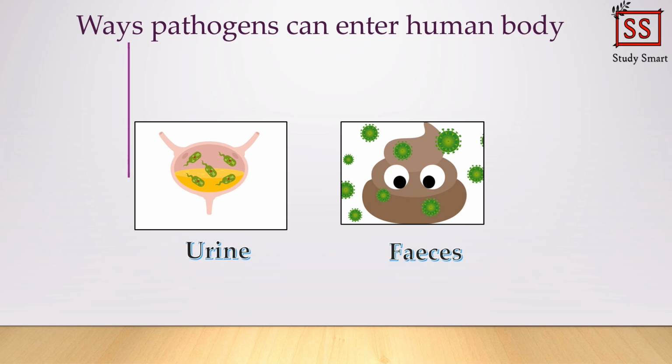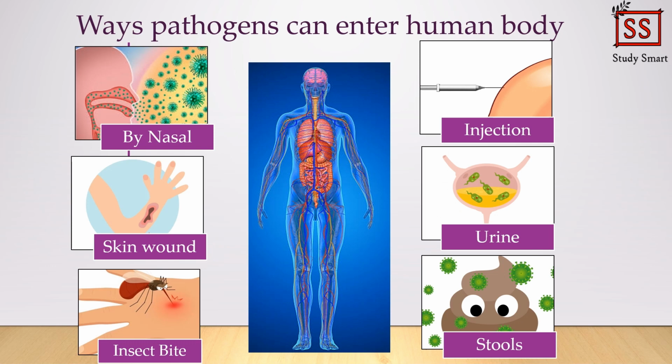This could happen through poor hygiene practices such as not washing hands after using the restroom or consuming food or water that is already contaminated with waste materials. So, in summary, pathogens can enter our body through nasal, skin wound, insect bite, injection, and through contact with waste materials such as infected urine and feces.